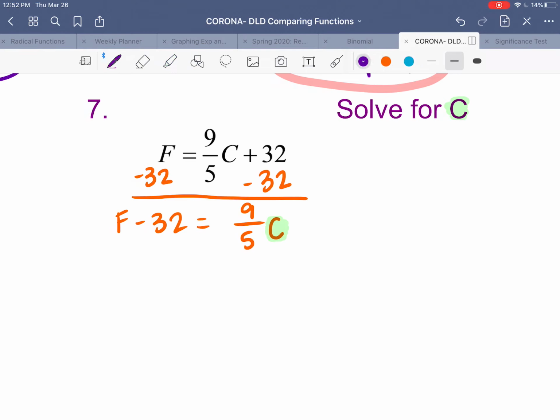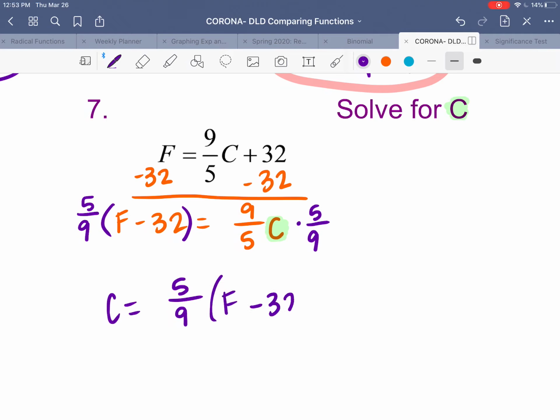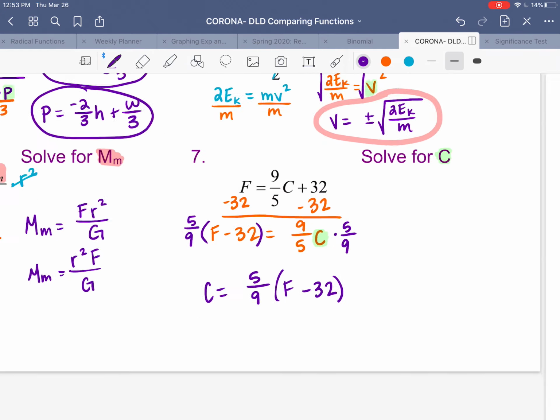In order to get rid of 9/5, we're going to multiply by the reciprocal. So the reciprocal is going to be 5 over 9. When we're multiplying this on the other side, be very careful because we need to have this in parentheses. So this would be 5 over 9. And we get that c equals 5/9 (f minus 32). And you can leave it just like that.